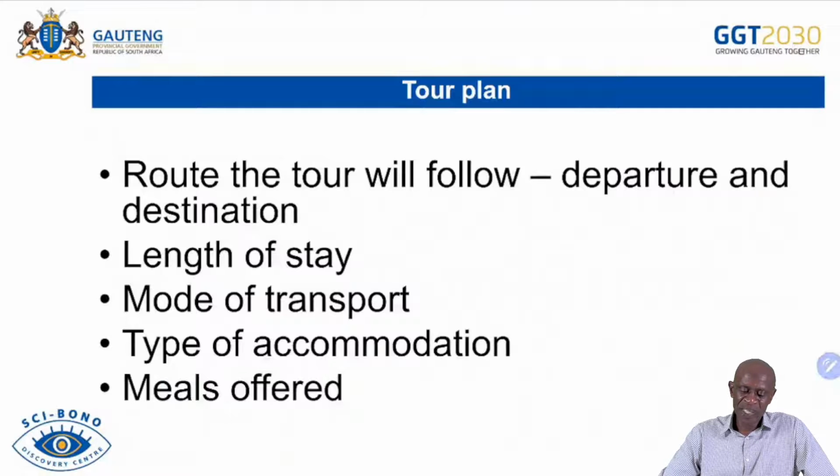And the other aspect that is more important is the aspect of meals, whether included in the accommodation or excluded, so that you can budget for your tour or for your trip.